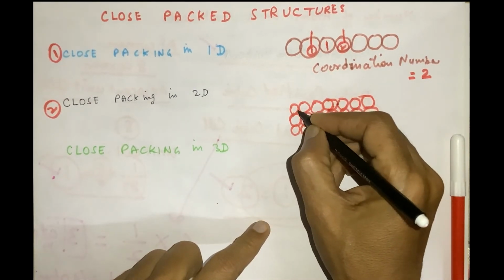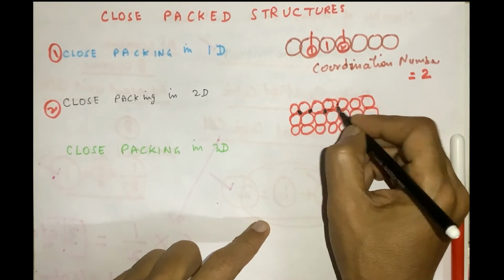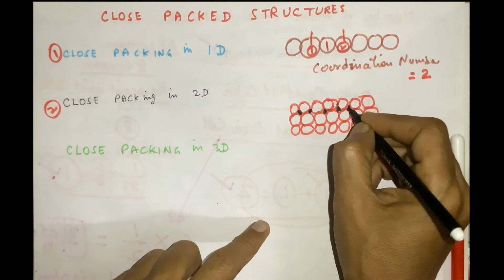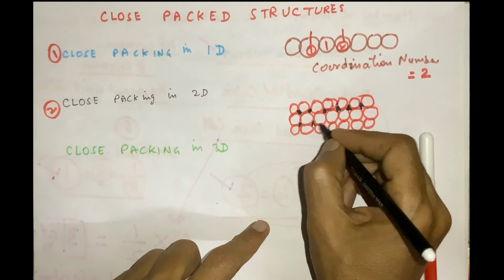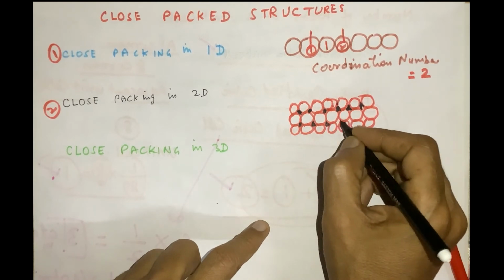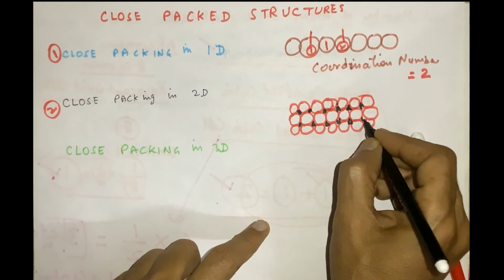This is the vacant space. These are the triangular vacant spaces. This is one way of putting the other rows.